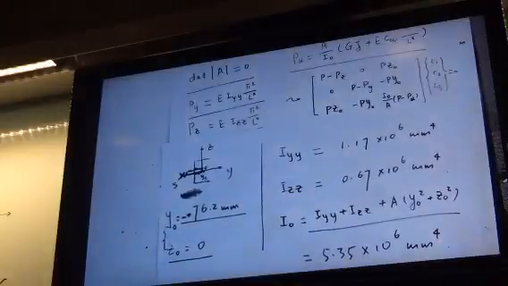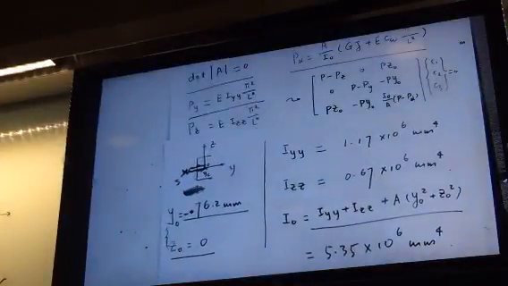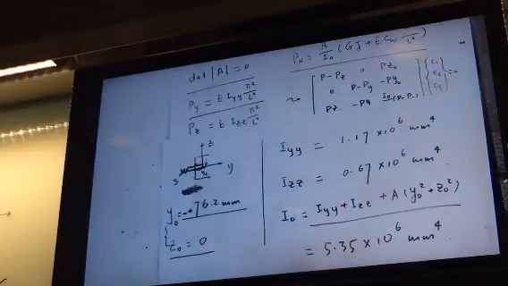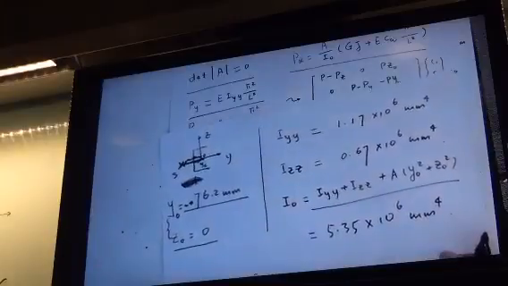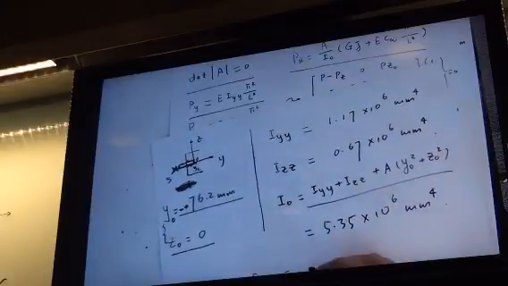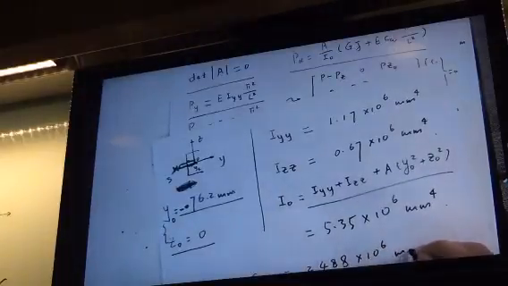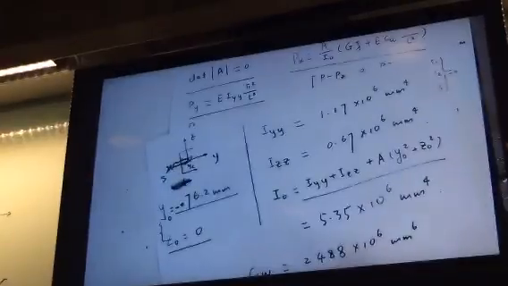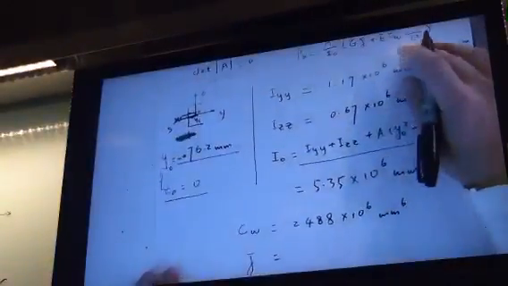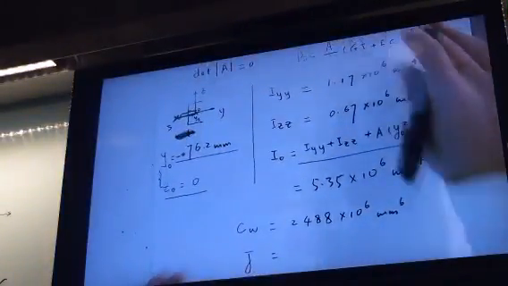This is the most tedious part actually. After you finish this calculation, you use that matrix. It's very straightforward. Before you use that, you have two more constants. This one and this one. This is the so-called warping coefficient. This one I'm going to give you. And this J is the torsion rigidity of this cross section.